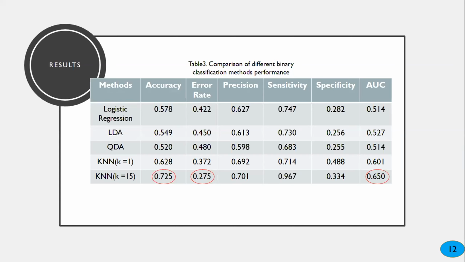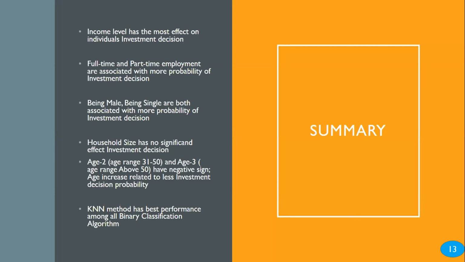So this is it, it was my presentation. Oh no, I have one more slide. In the summary, as I mentioned, income level has the most effect on the individual investment decision. Also, job status and being male and being single are all significant, but some variables like household size and age are not highly significant.